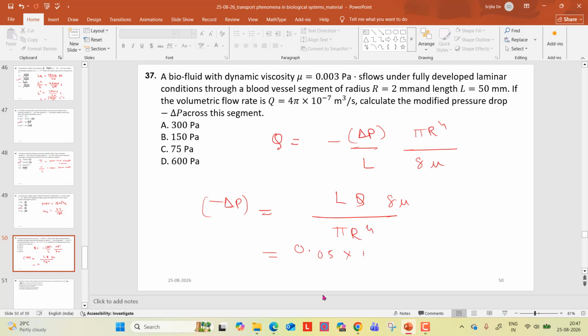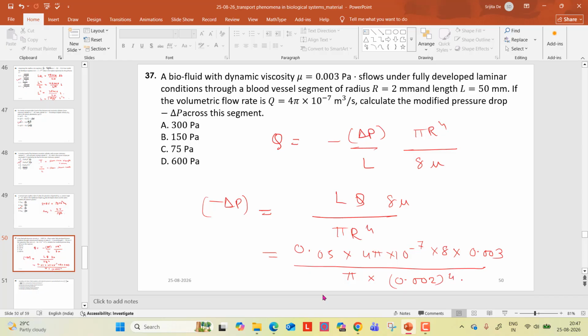Q is 4 pi into 10 to the power minus 7, into 8, into mu is 0.003, divided by pi into r, which is 0.002 to the power 4.